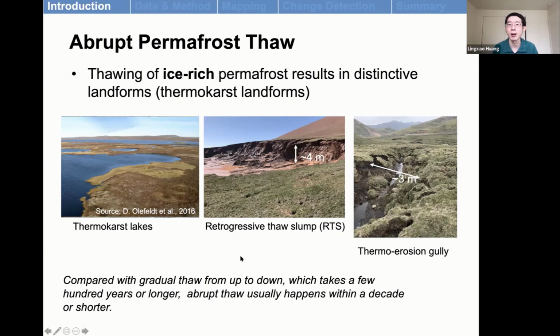For example, a thaw slump, once it is initiated, can be active for more than a decade. And some, like active layer detachment, can happen in only a few hours or a few days. This is quite a quick process. That's why we call them abrupt permafrost thaw.